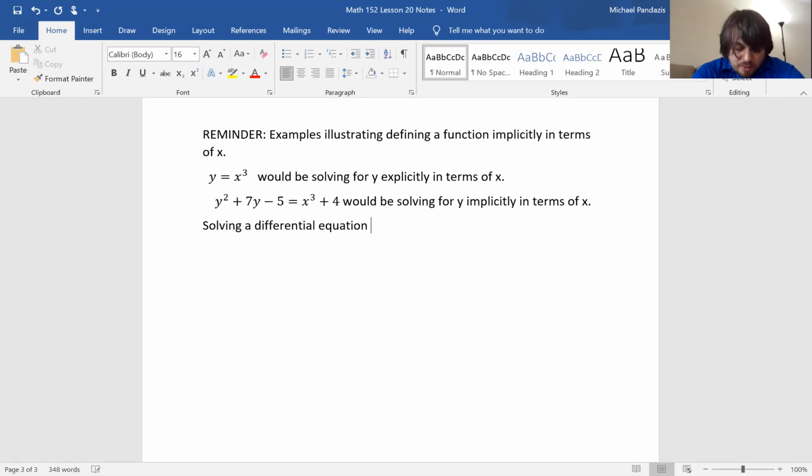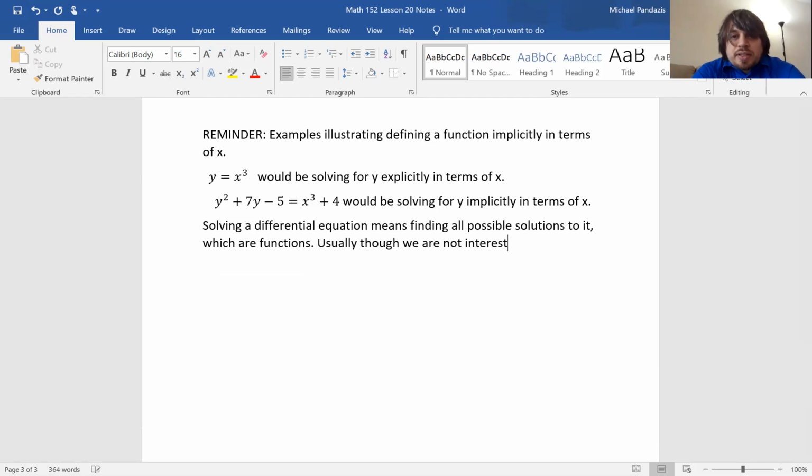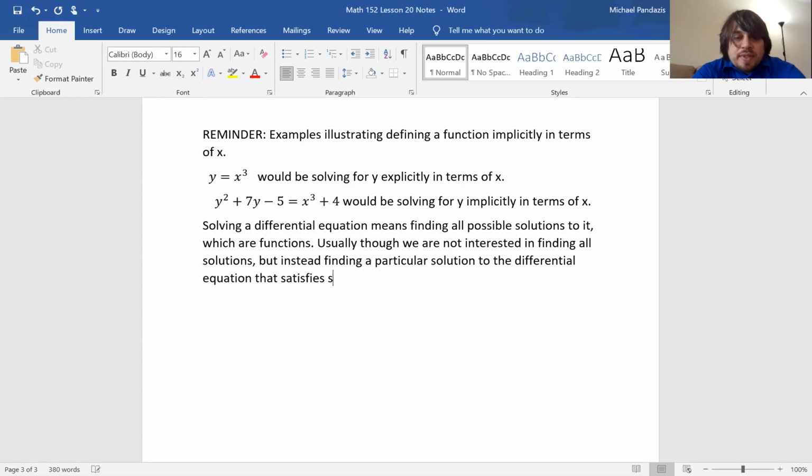Solving a differential equation means finding all possible solutions to it, which are functions. Usually though, we are not interested in finding all solutions, but instead finding a particular solution to the differential equation that satisfies some condition or conditions.